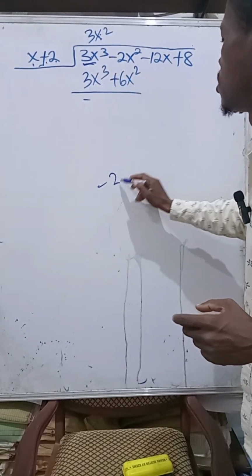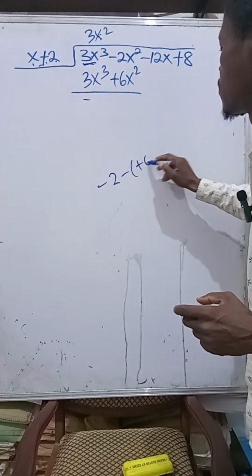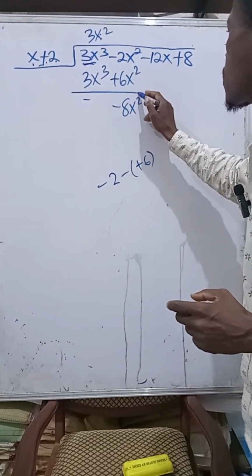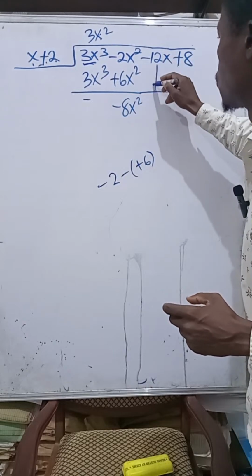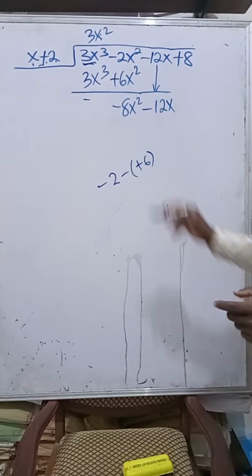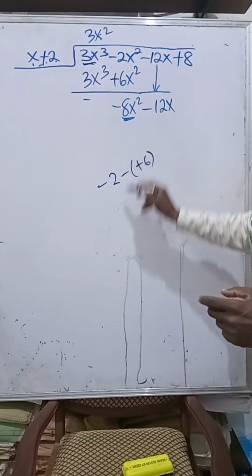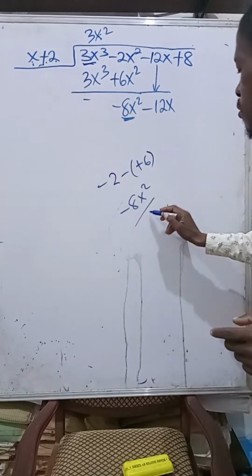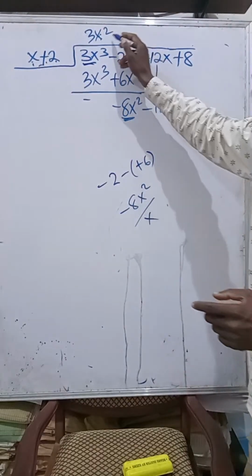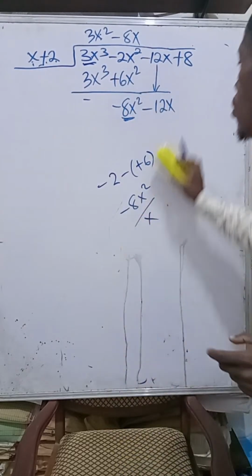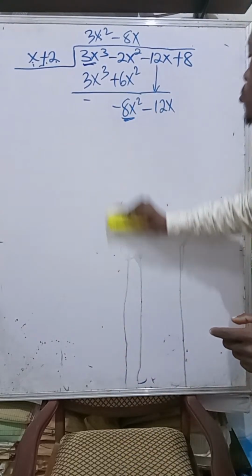Minus 2 minus plus 6 is minus 8x squared. Then you bring the next term down, minus 12x. Then you take the first term of minus 8x squared over the first term of the divisor, x. That gives us minus 8x. Then you multiply.